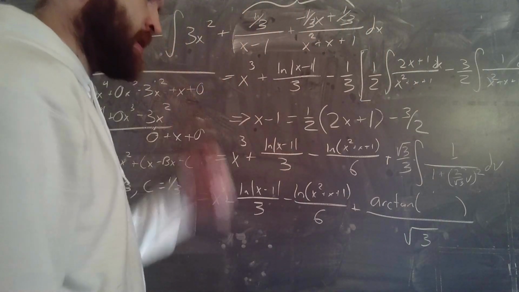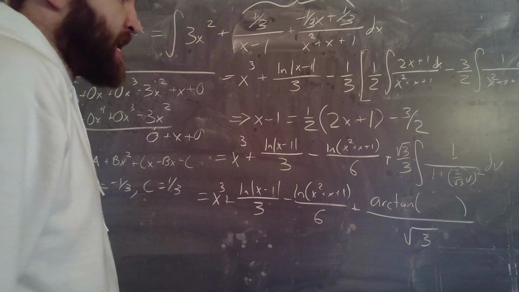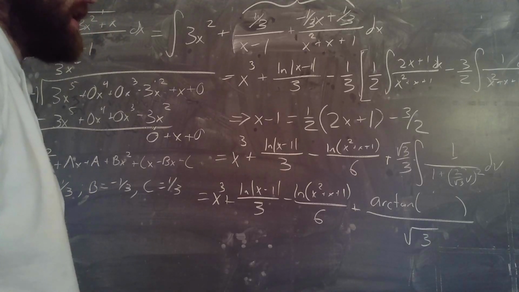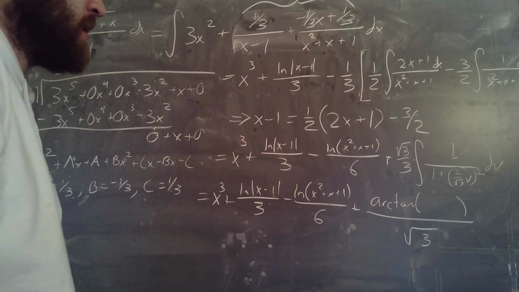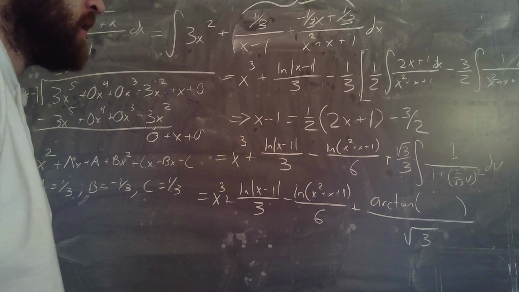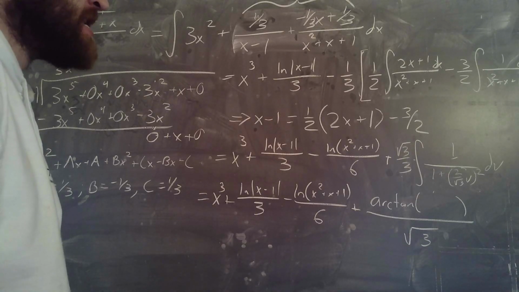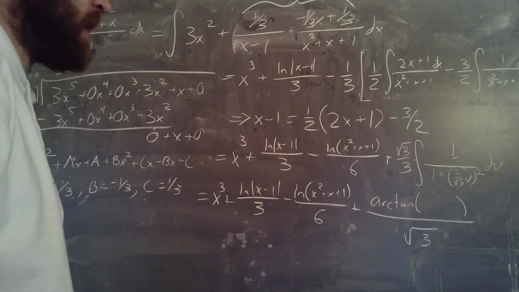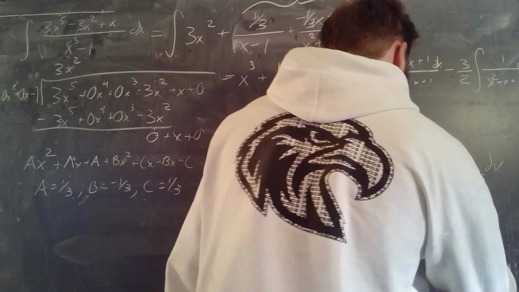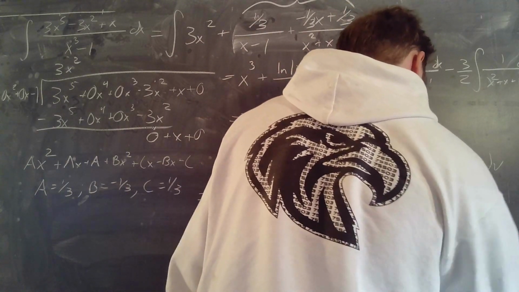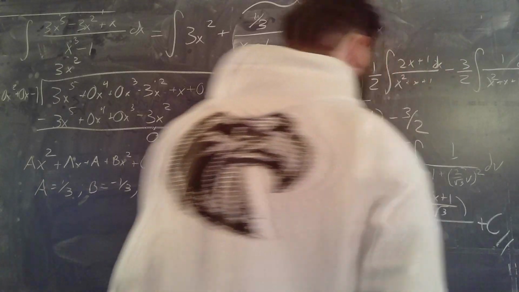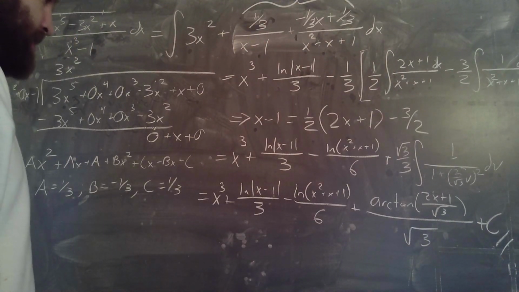So what that something was, the key variable, was 2 over square root 3 times v. So then notice that the original v variable was x plus 1/2. So that's actually 2x plus 1 all over square root of 3 plus c.